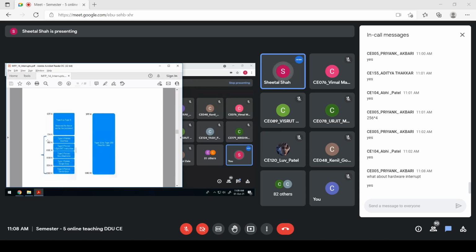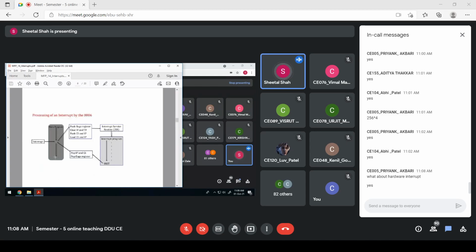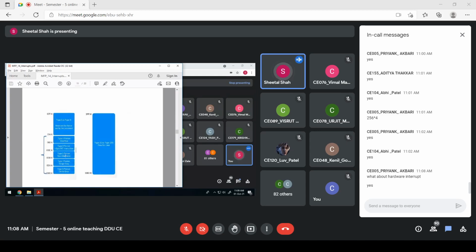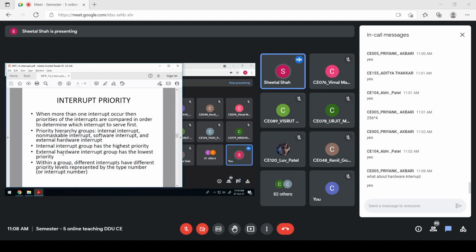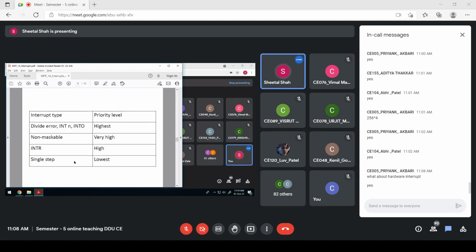So even if it is a hardware interrupt, there would be an interrupt service routine for each of these hardware interrupts, and the processor has to execute the program meant for each of them. Is this thing clear, everyone?